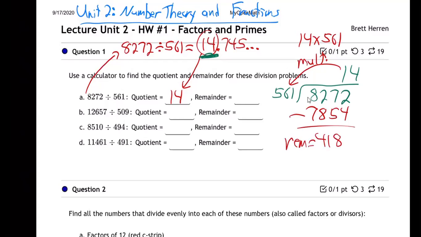That's the remainder. That's what remains. In other words, 8272 divided by 561 goes in 14 whole times with 418 remaining.